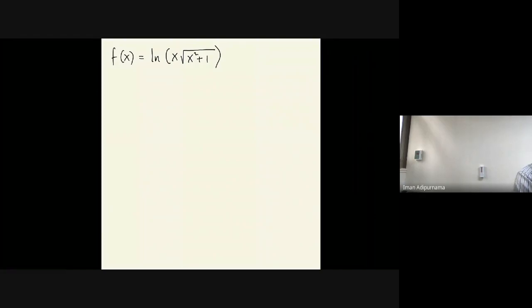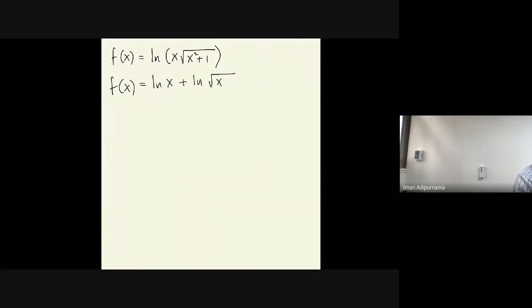Okay. My method here, I will just use the law from the logarithm. So I will write this as ln x plus ln of the square root. So I can write the f prime. And don't forget to multiply with 2x.